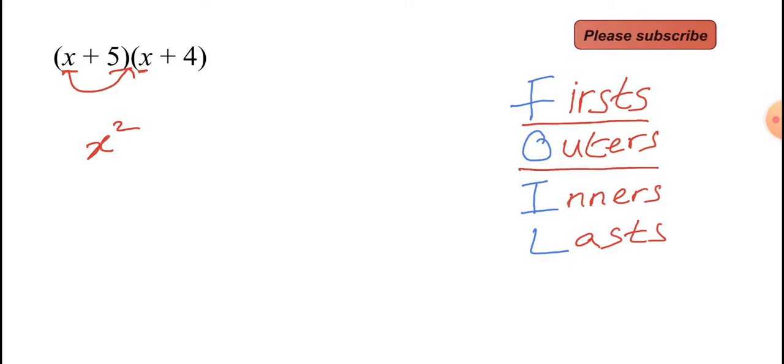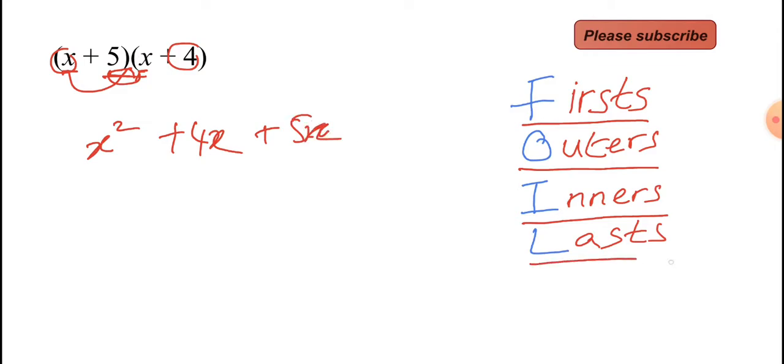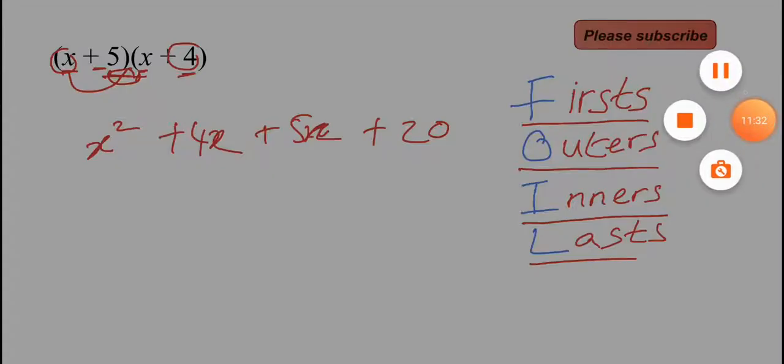The outer ones are x and plus 4, so x times 4 is plus 4x. Then you do the inners, which is 5 times x, so plus 5x. And then you do the last, which is 5 and 4. 5 times 4 is 20. And then you just collect the like terms. So people sometimes like to use the FOIL method.